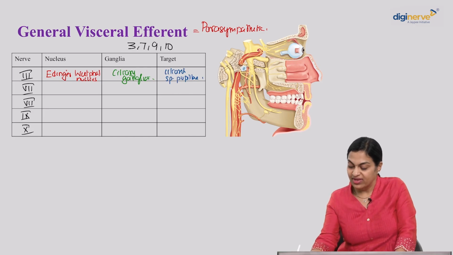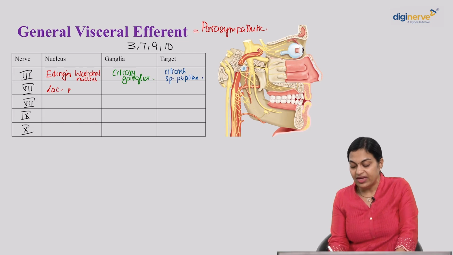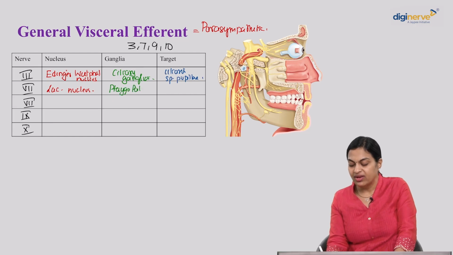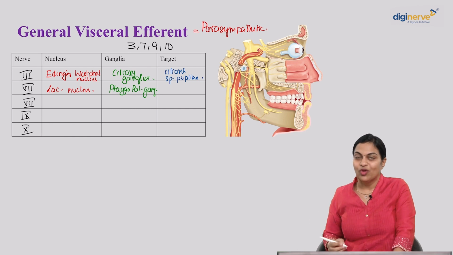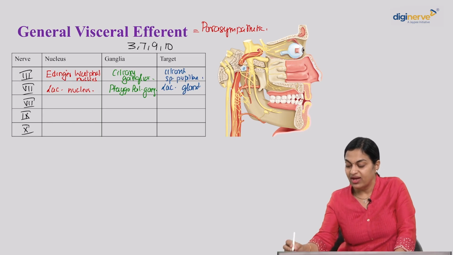Okay. And coming to the 7th nerve, it has the lacrimatory nucleus in the pons, and those fibers will synapse in the pterygopalatine ganglia, and the postganglionic parasympathetic fibers coming out from it, they innervate the lacrimal gland.